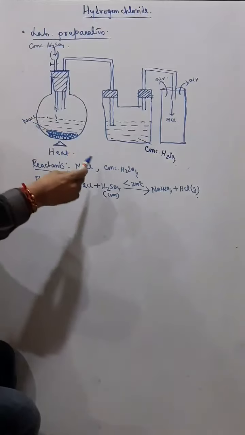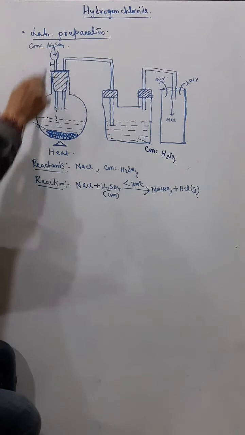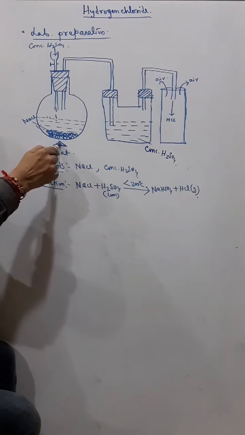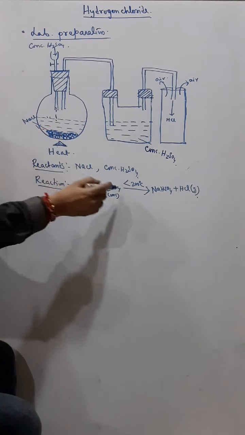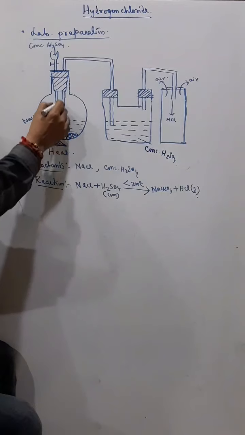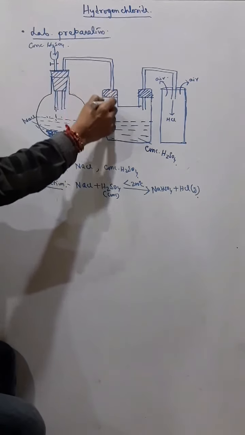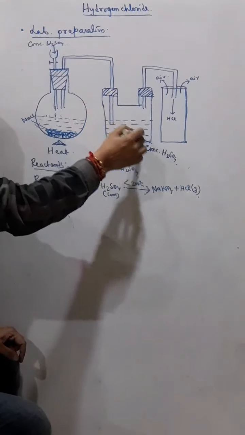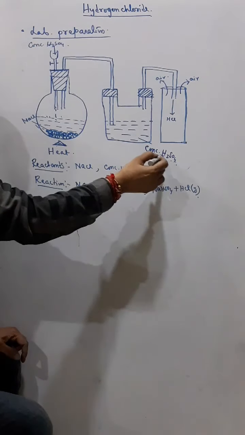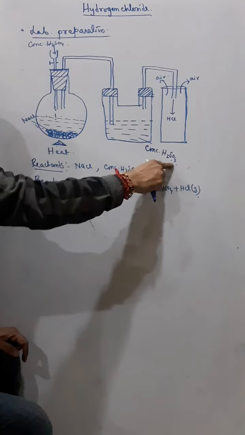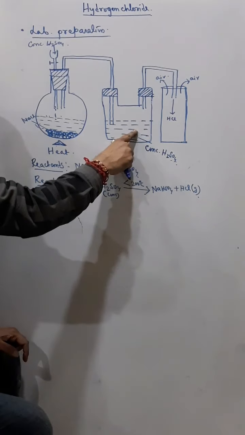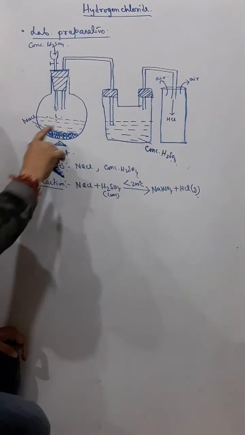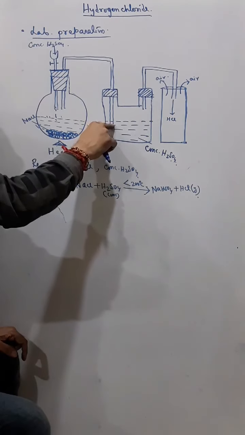So NaCl and H2SO4 react here, the temperature is below 200 degrees Celsius, and the HCl gas that is formed is passed through here, and then it is passed through concentrated sulfuric acid to absorb moisture. So the concentrated sulfuric acid here is acting as a drying agent, but the concentrated sulfuric acid in the flask is acting as a reactant.